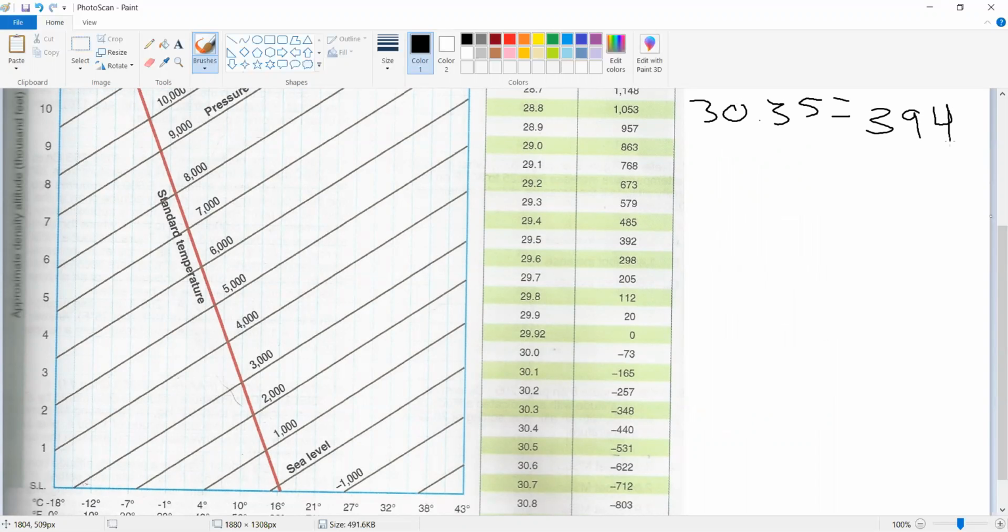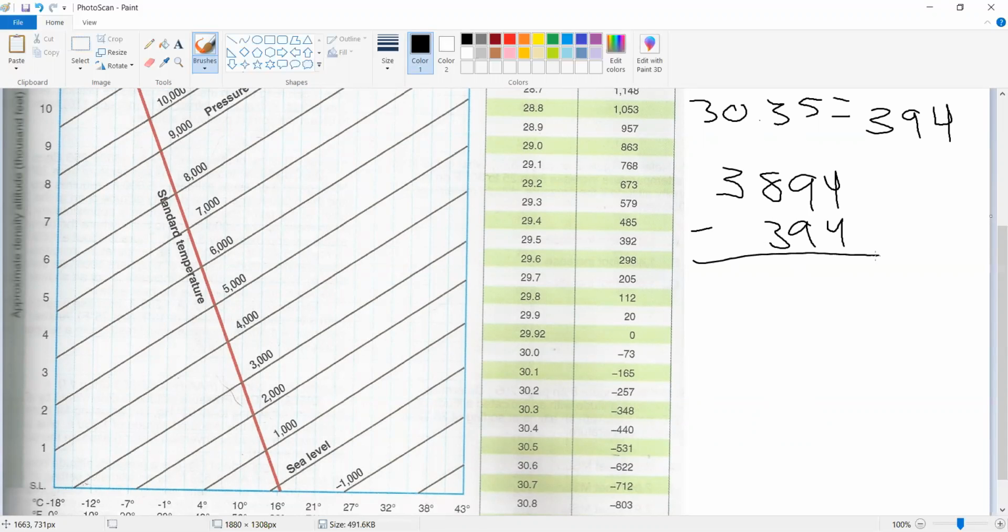Next step is, after having that, we need to subtract the number from 3,894. So we have 3,894. We subtract 394 from that.